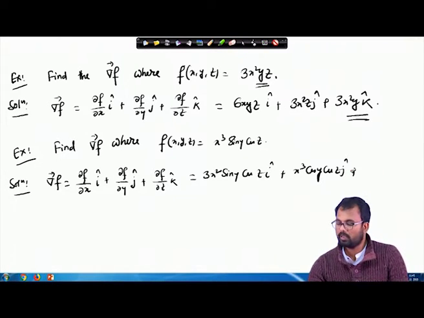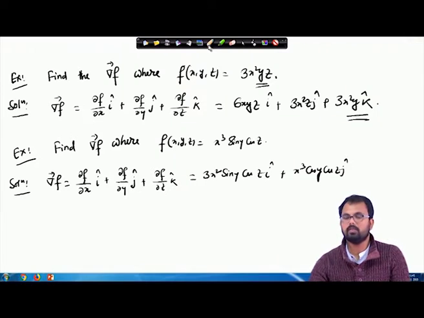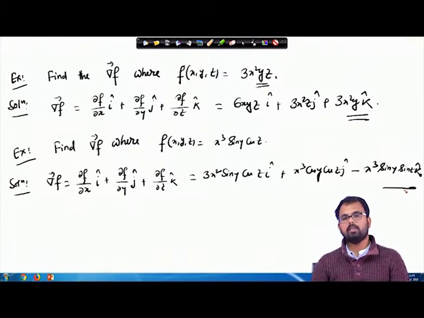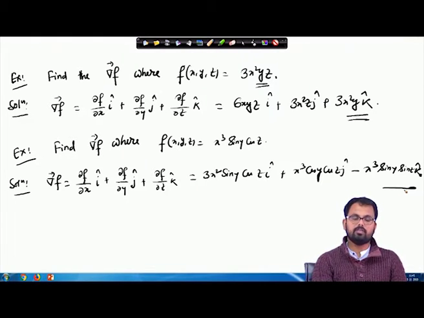So, instead of plus, I can have minus here. So, this will be minus x cubed sin y sin z k. That is how we basically calculate the gradient of a scalar function.